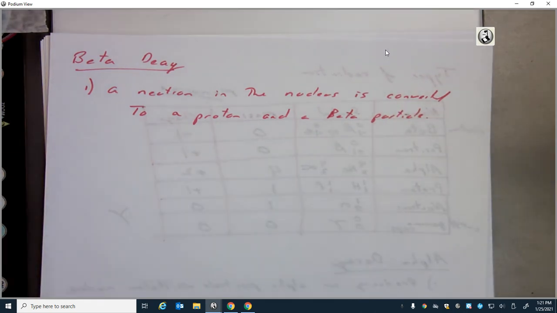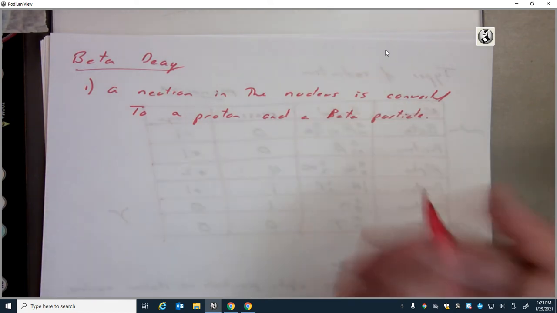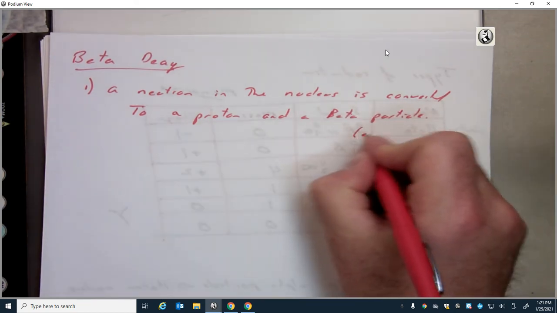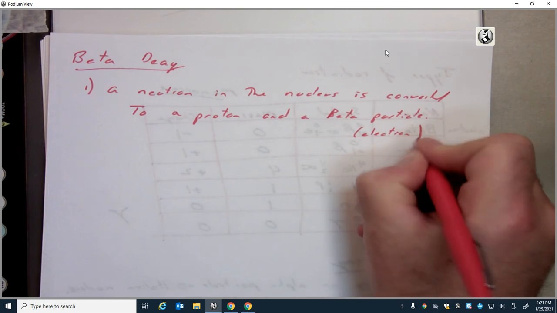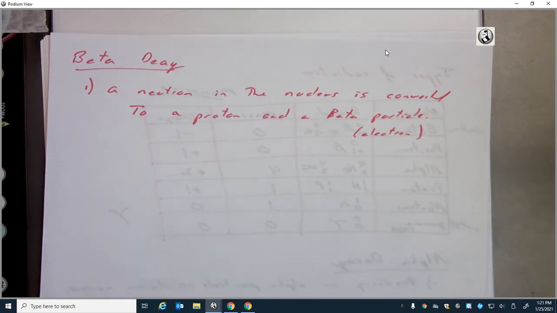All right, now, we're talking about this. Remember, the beta particle is just an electron. So this is an electron that's being produced in our nucleus.